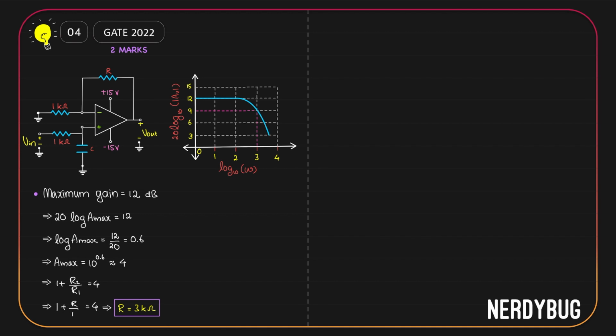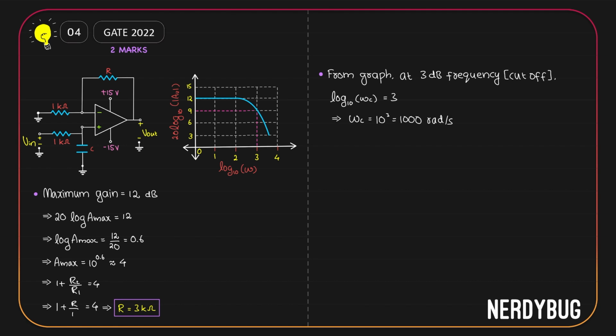Let us write this down. From the graph we see that at the 3 dB frequency, or the cutoff frequency, log of omega is 3, or log of the cutoff frequency is 3. So omega c will be 10 to the power 3, or 1000 radian per second. Now, what provides the cutoff frequency? The RC circuit we have over here.